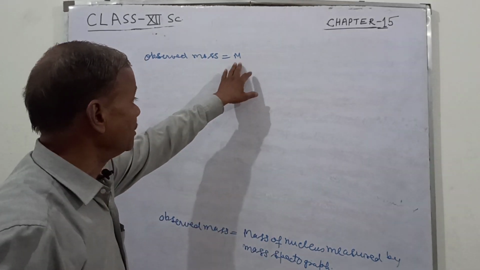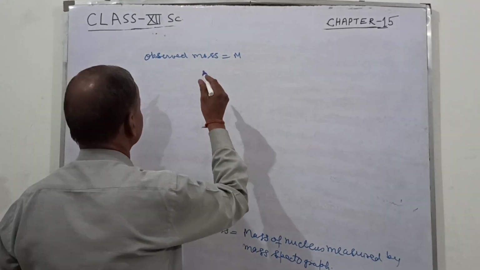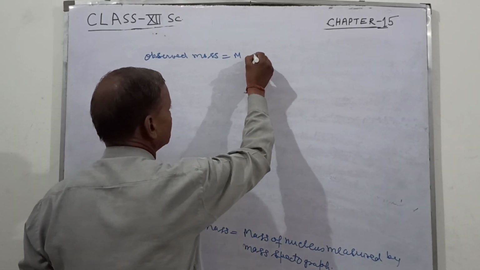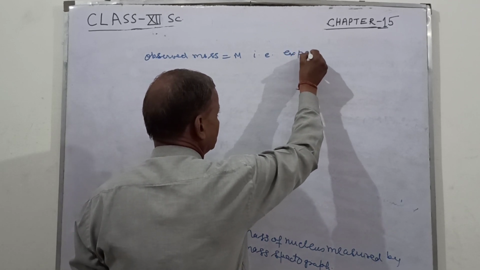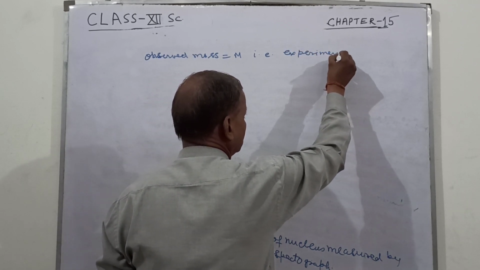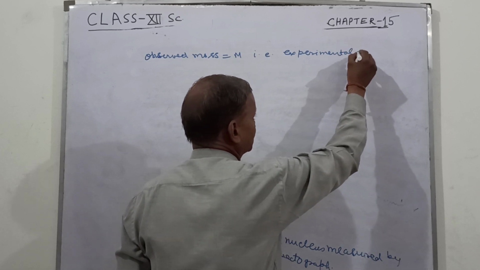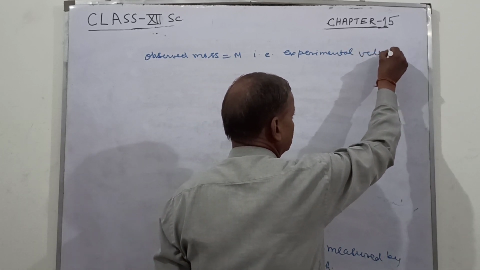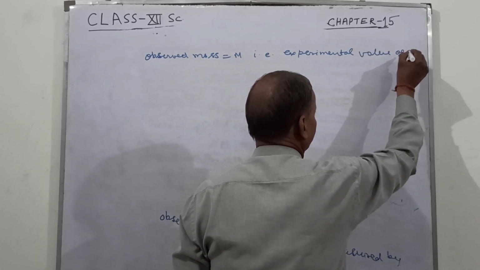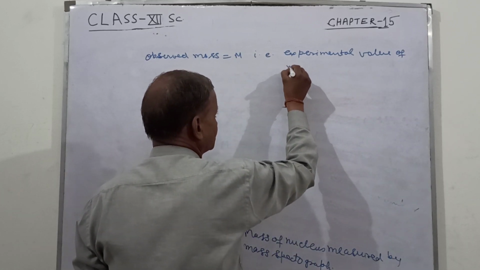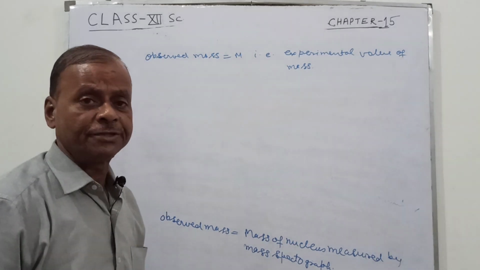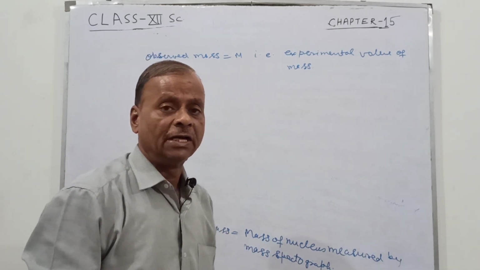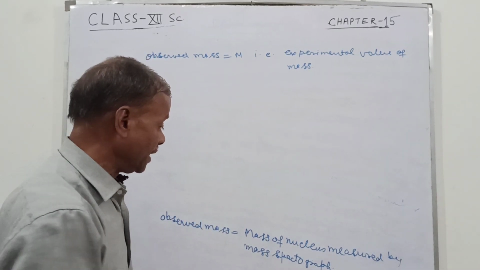This is the experimental value of mass. We know that the experimental value is always the true value, and this is more reliable.